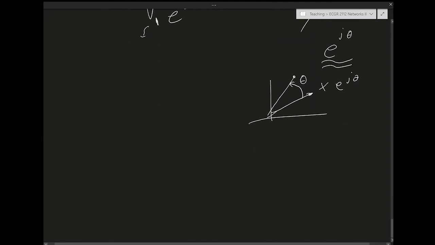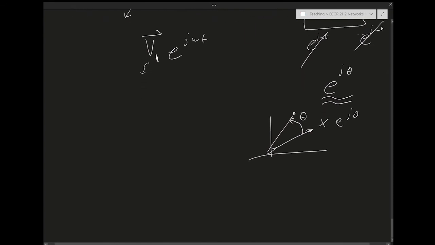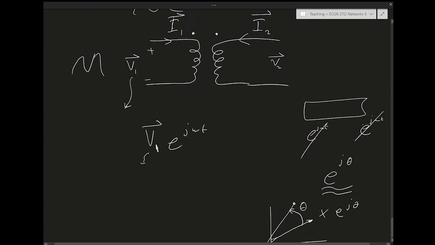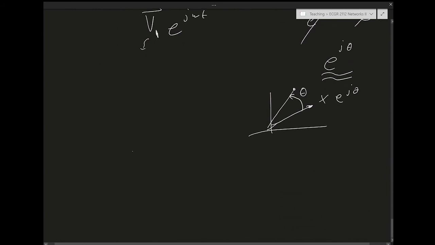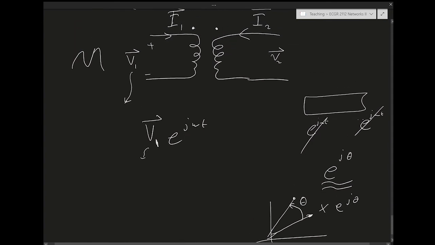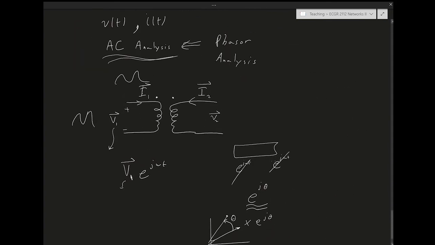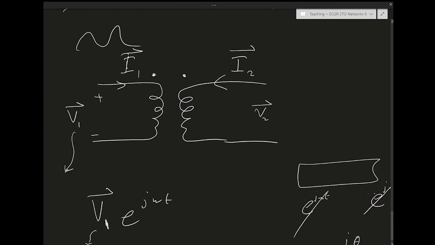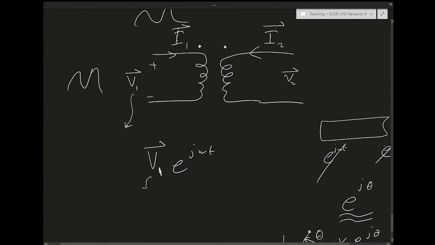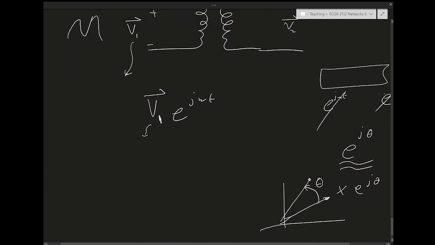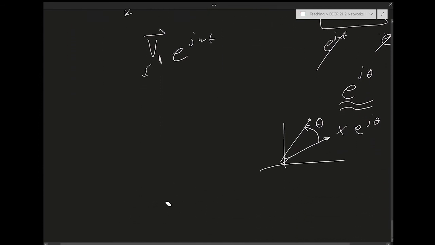So let's rewrite those equations with the implicit e^(jωt). Let's start with the time domain equations, writing them using the corresponding time domain signals.